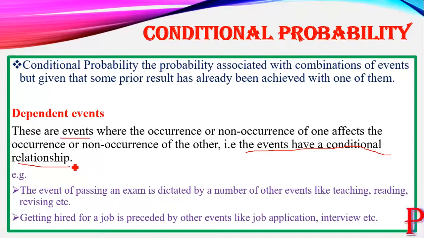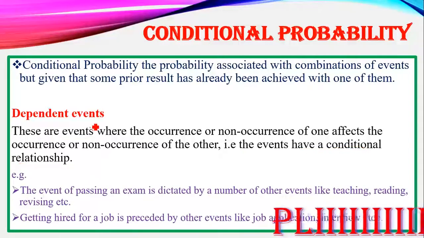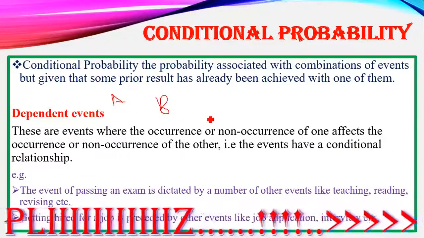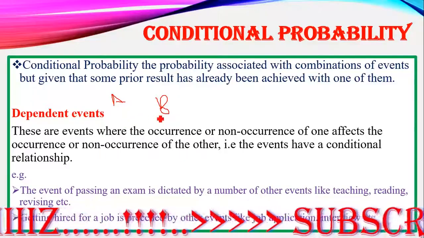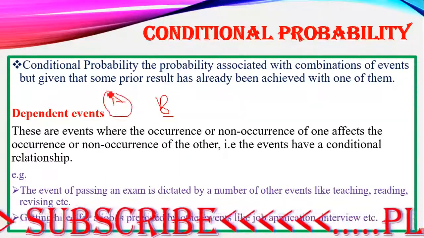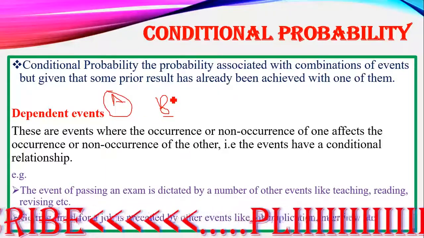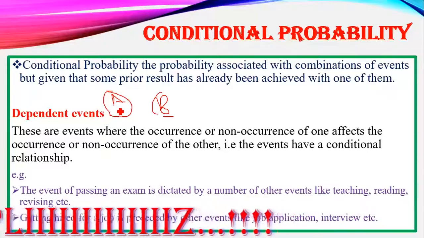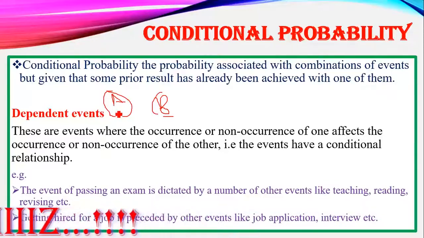If we have two events, for example, event A and another event B, and event B cannot happen if A has not happened, then we say B is dependent on event A, and thus the dependent relationship between these two events.